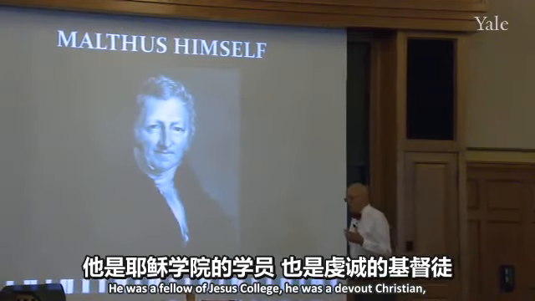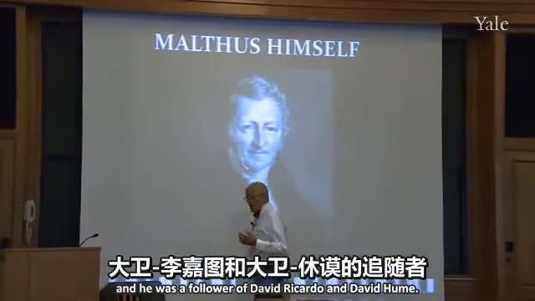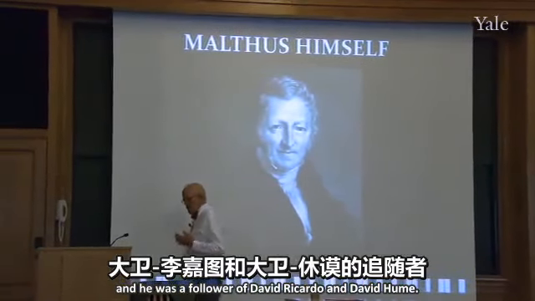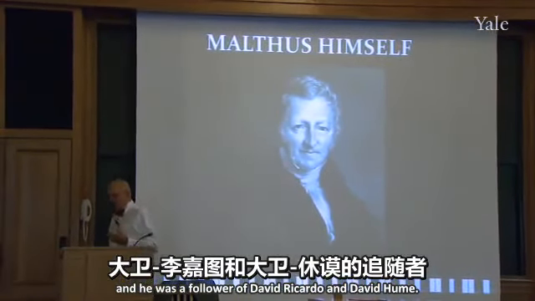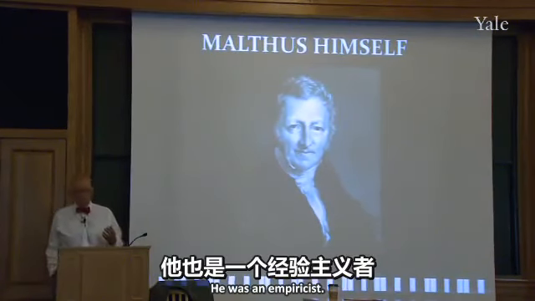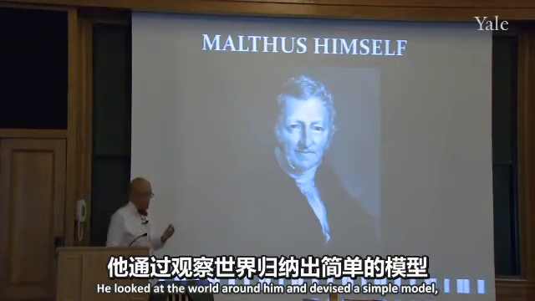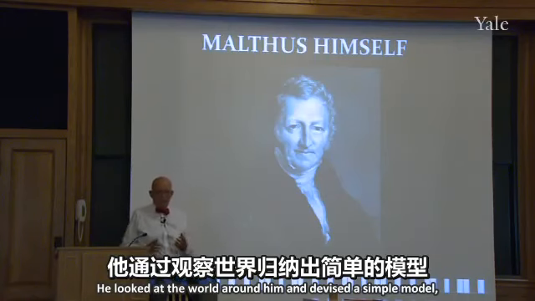He was a devout Christian, and he was a follower of David Ricardo and David Hume. He was an empiricist. He looked at the world around him and devised a simple model.